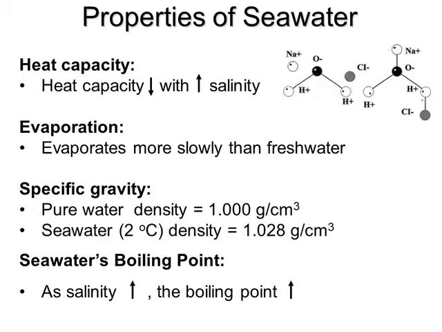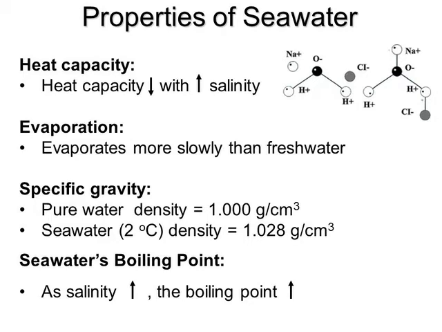And evaporation occurs more slowly in fresh water. So when you have a higher salt concentration, you'll have a higher evaporation rate, because you have more salt molecules breaking apart the hydrogen bonds between the water molecules, so evaporation occurs much more quickly.